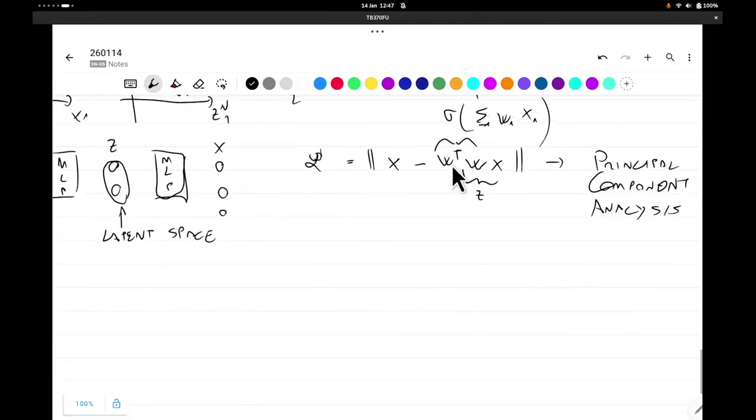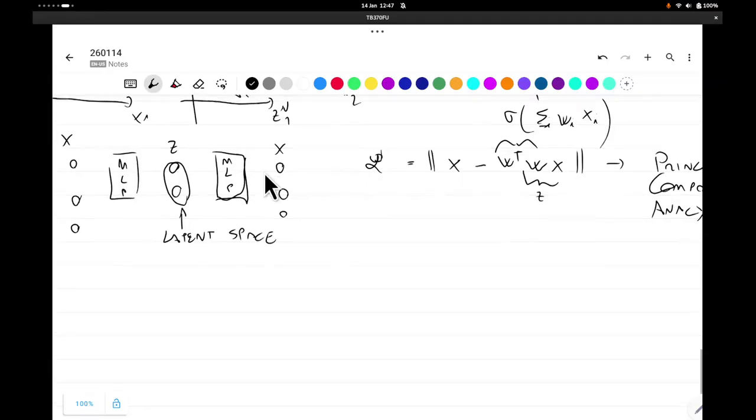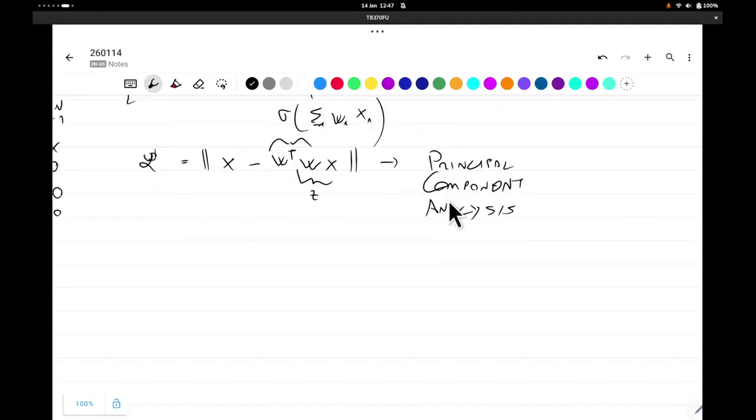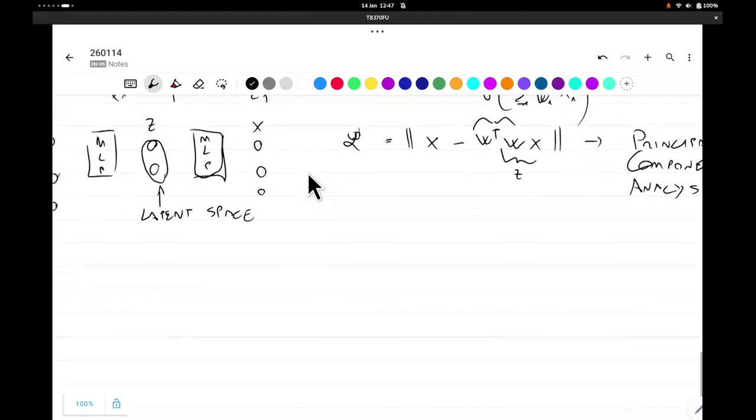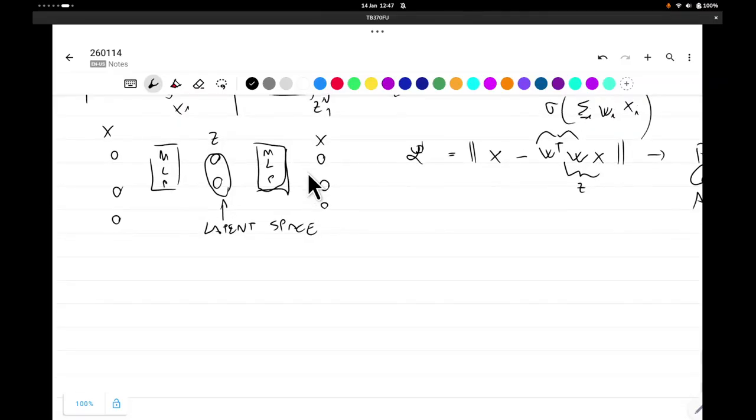Right, so I could design... So you've seen in the basic machine learning course that you can immediately write down how W looks like: this correlation matrix between the data points.